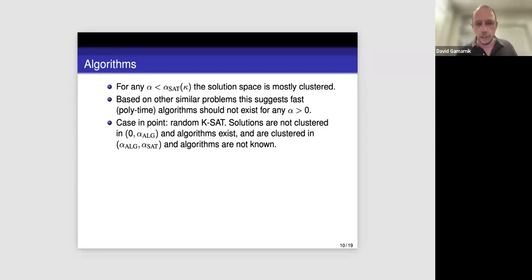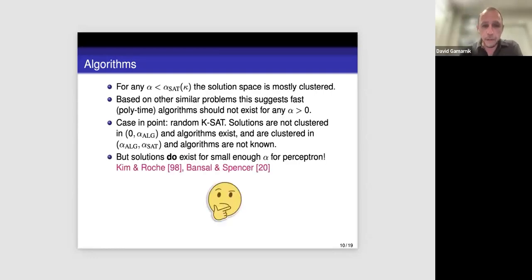I'm going to leave it for offline if you're not familiar with that. This is a random instance of the constraint satisfaction problem, the well-known k-SAT model. It does exhibit this clustering phenomenon after some critical threshold alpha, and the algorithms do exist up to this alpha, and nobody was able to construct algorithms above the alpha, and there is good evidence that they do not exist other than brute force. So we're talking about fast polynomial time algorithms.